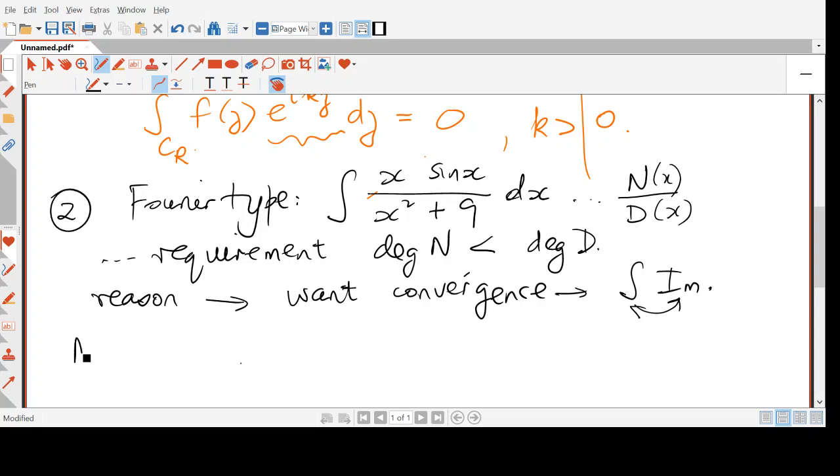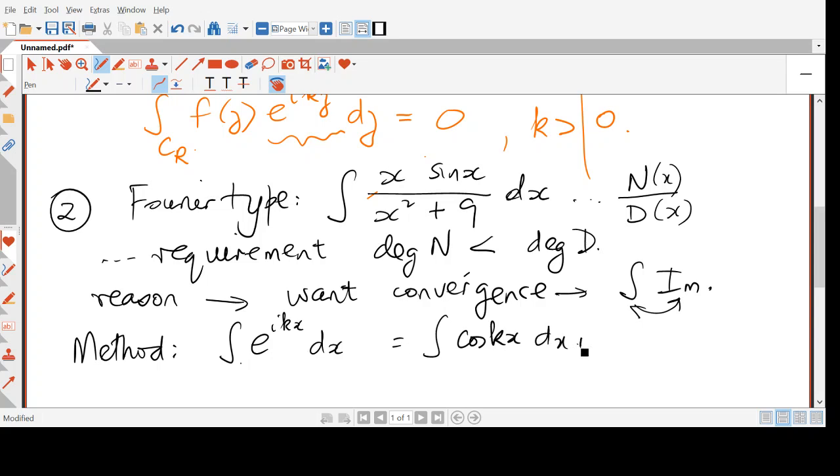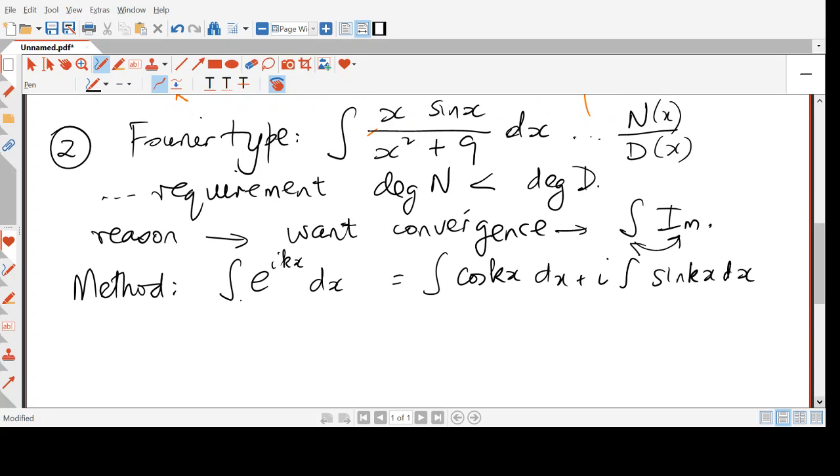So the method in this case is to use the result that the integral of e to the i kx dx equals the integral of cos kx dx plus i times the integral of sine kx dx. Okay, so you can have the limits from minus infinity to plus infinity, the same limits throughout.